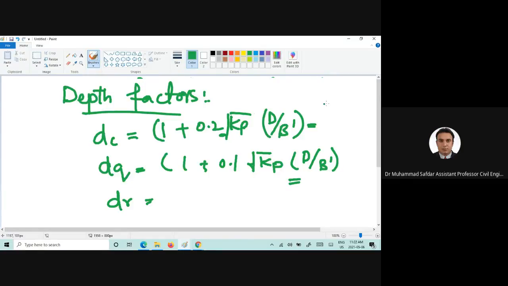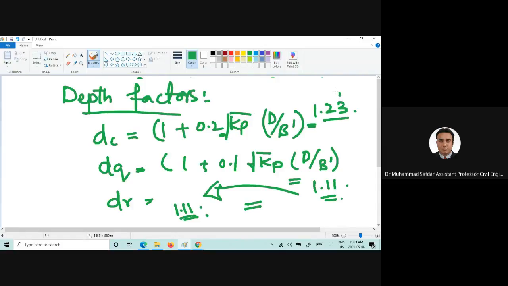1.23. Okay, that would be 1.23. And how about Dq? 1.11, and this value would also be the same here, 1.11. Please kindly note down these values.